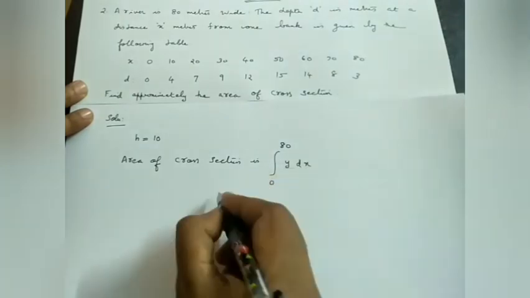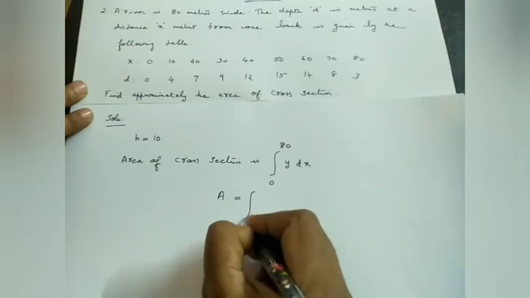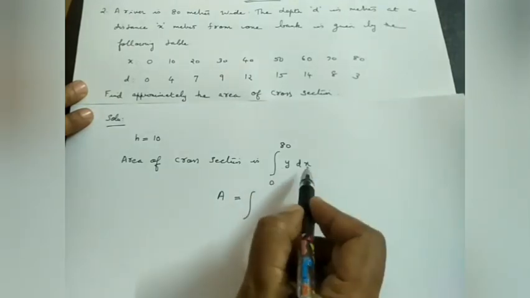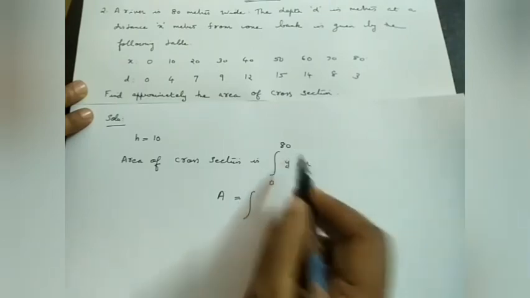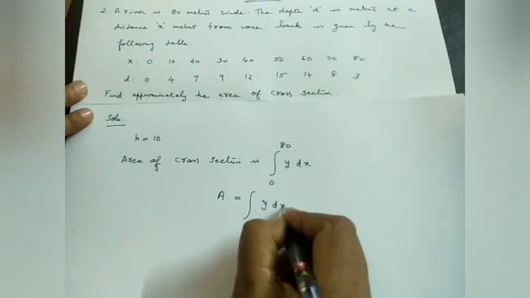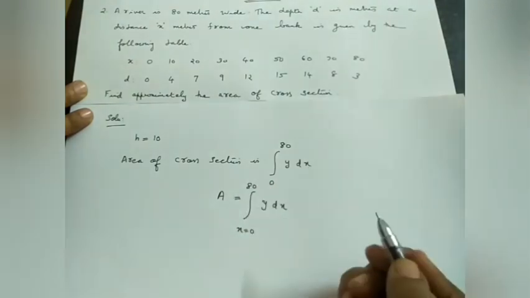The area of cross section is always denoted by the letter A, as we already know. It is the integral of f of x dx or the integral of y dx. Here the value of x extends from 0 to 80.